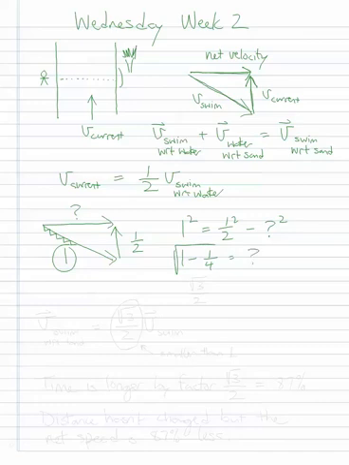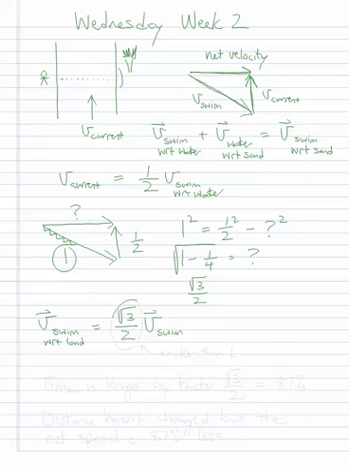And so this is root 3 over 2. And so the net speed, the total speed of the velocity of the swimmer with respect to the land is square root of 3 over 2 times the velocity normally swimming across flat water.